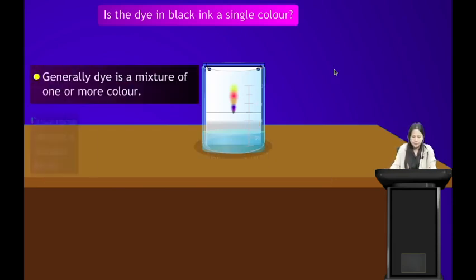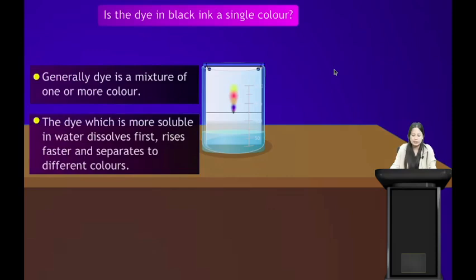Generally, dye is a mixture of one or more colors. So the dye which is more soluble in water dissolves first, rises faster and separates into different colors. The solubility of different color components is different, so the color which dissolves first will rise first.